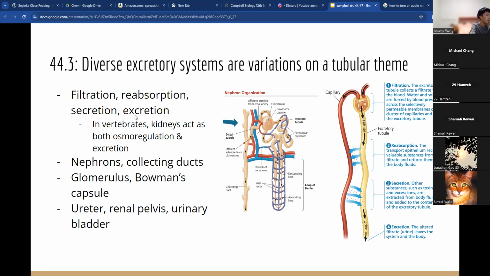And excretion is like the peeing part. In vertebrates, kidneys help with producing the urine itself, which is excretion, and osmoregulation, where it can affect the solute concentrations in your body.